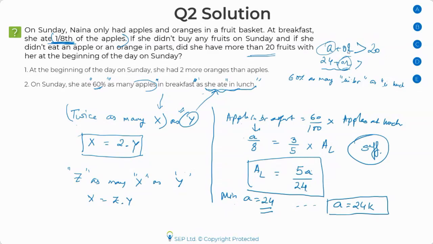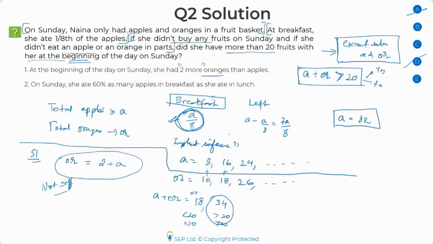Number two, setting up the equation. This is what I call a translation kind of problem, where if you don't know the meaning of "twice as many x as y" or things like this, it will be difficult for you to set up the equation. Thirdly is using whatever is given in the question stem.